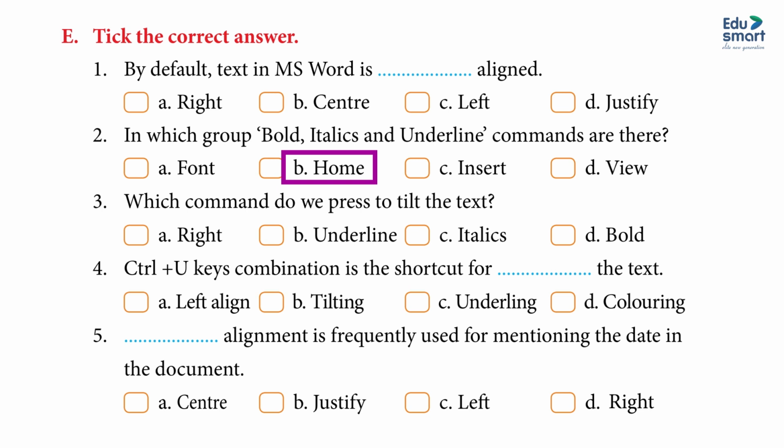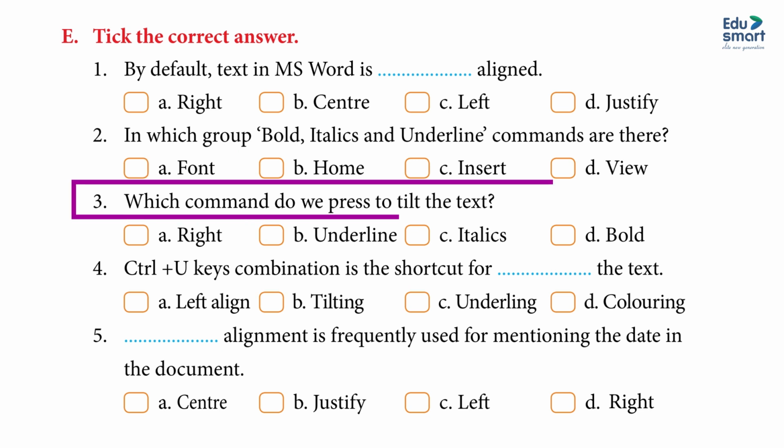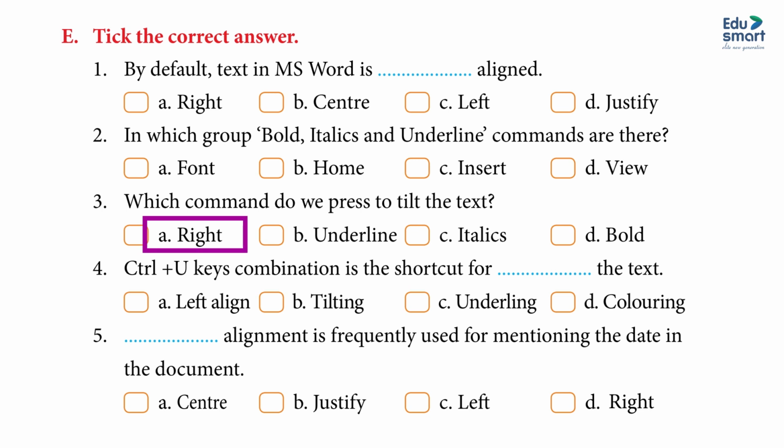B. Home. C. Insert. D. View. Answer: A. Font. 3. Which command is to be pressed to tilt the text? A. Right. B. Underline. C. Italics. D. Bold. Answer: C. Italics.